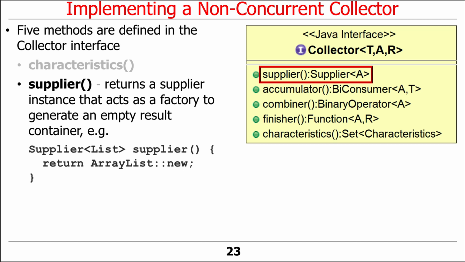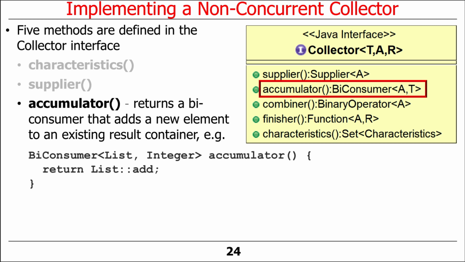You could also say LinkedList or something else. But the point is that supplier gives you back a supplier which will make something when it's called. If you remember the Supplier interface, it has a get method, and when you call get, it invokes whatever it's implemented by. In this case, it would be a constructor reference for ArrayList.